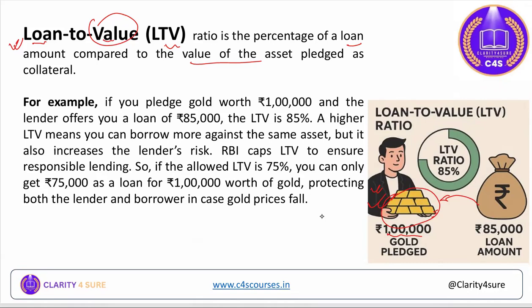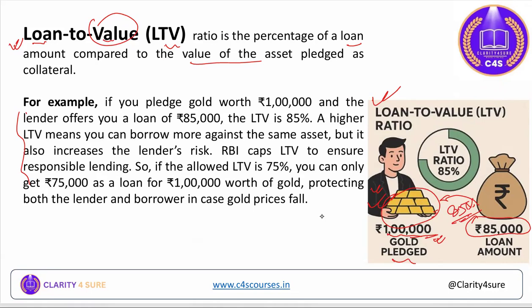Through this diagram, it is written over here that this person is pledging gold as collateral to this lending agency, of value 1 lakh rupees. Suppose he is giving gold of value 1 lakh rupees. For this, he can get a maximum of up to 85,000. That is 85%.